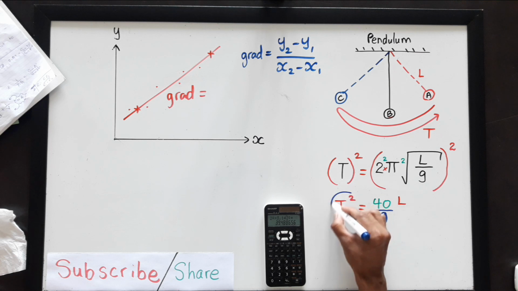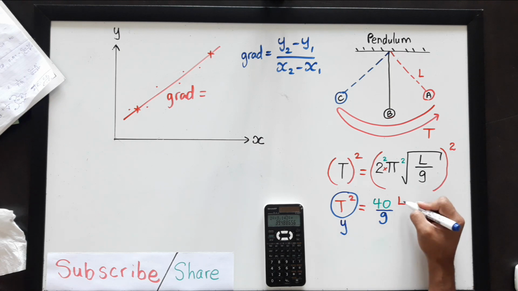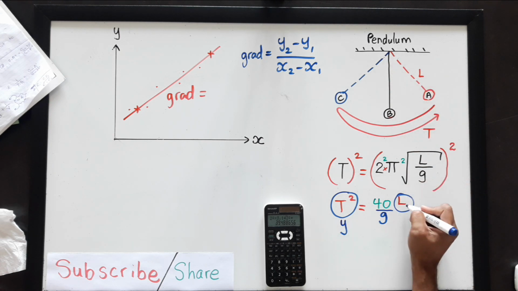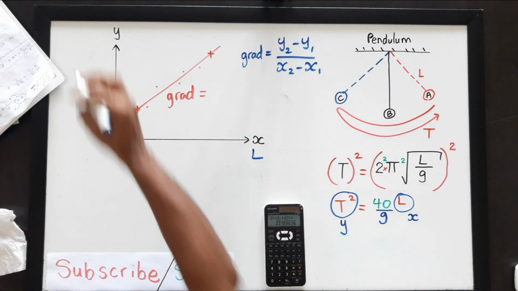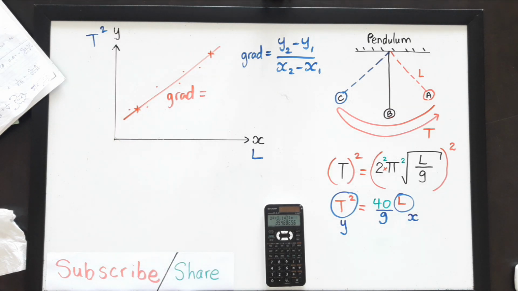And he says that, hey, I want t squared to go on the y-axis. And I want L, the length of the string. Now notice it's just L, doesn't have a square root or anything like in the previous example. He wants that to go on the x-axis. So L goes on the x-axis and t squared goes on your y-axis.